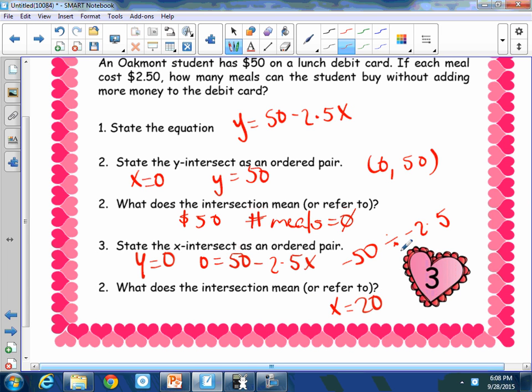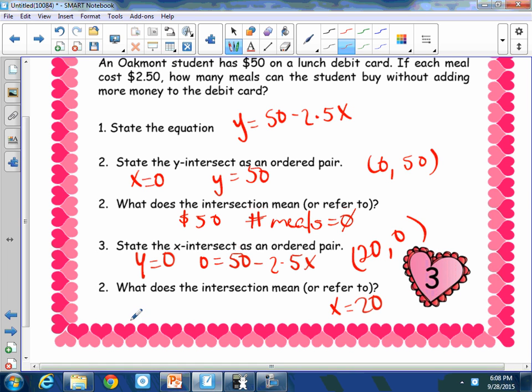So the ordered pair would be 20 and 0. What does it mean?